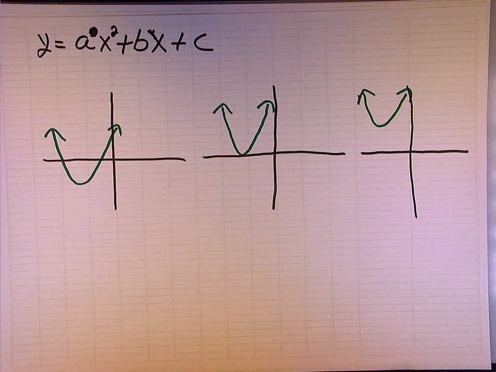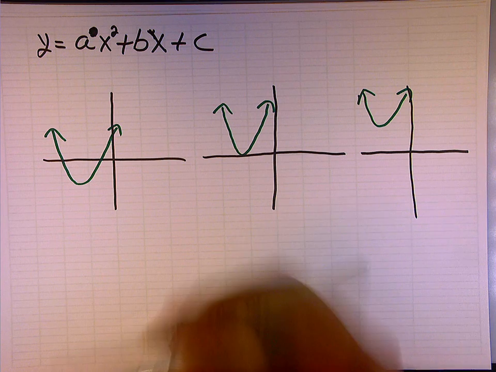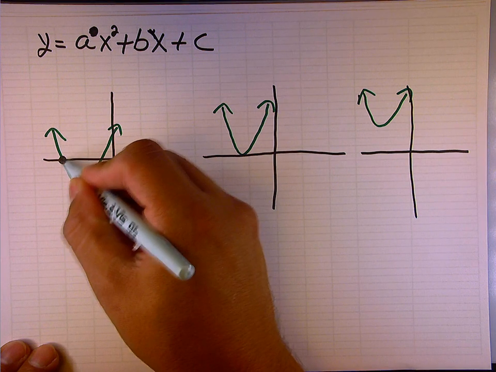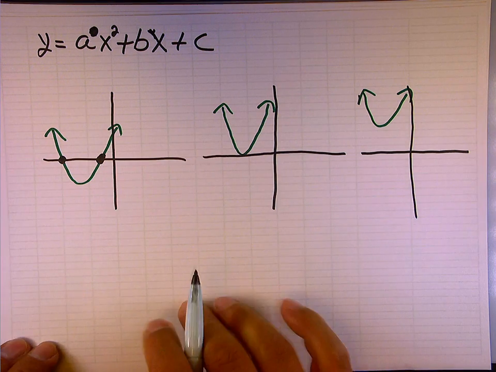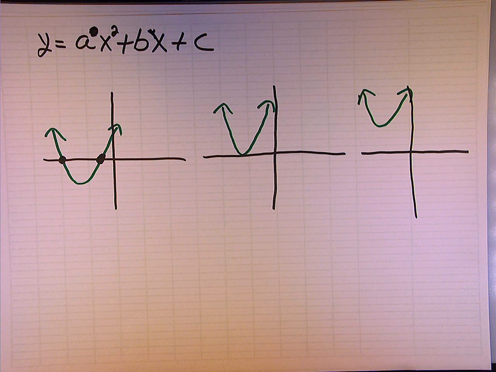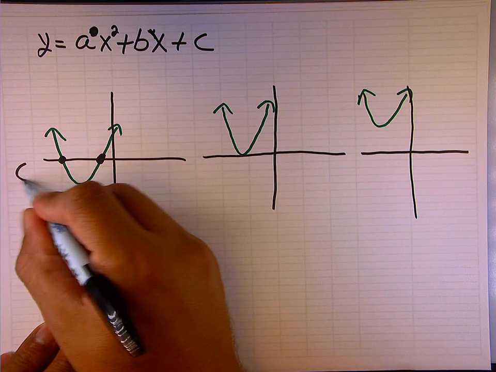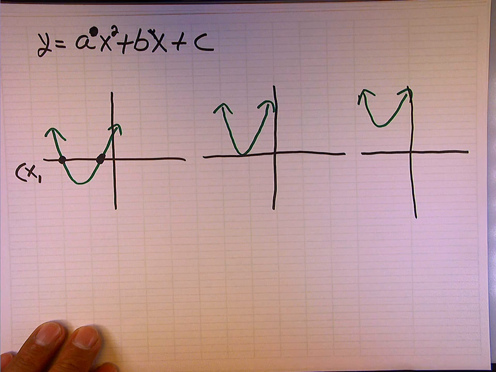So if I look at these 2 points here, this point and this point, for any parabola that crosses the x-axis twice, I know that both points will have a y value of exactly 0. So I don't know what this first x value is, so I will call it the first x value.